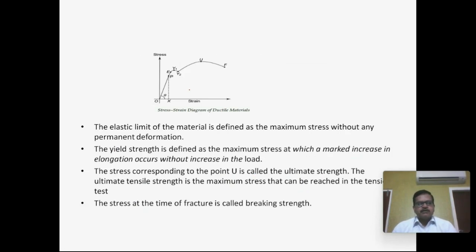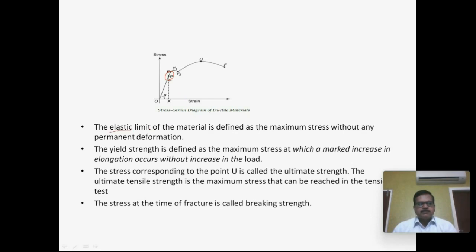Here we can see the stress strain diagram for a ductile material. So here from O to P there is a straight line relationship between stress and strain, and very close to this point is E, the proportionality limit P. E stands for the elastic limit.